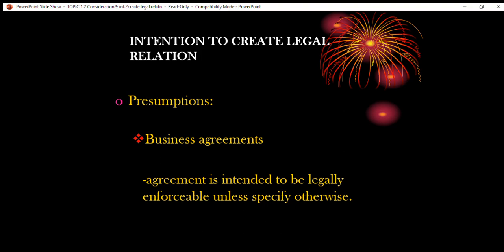There are 4 exceptions based on section 26 A, B, C, and D. And then the 5 rules of consideration. Just remember one thing: even if there is no consideration provided by both parties, the contract can still be enforced, provided that it falls under one of the 4 exceptions under section 26.